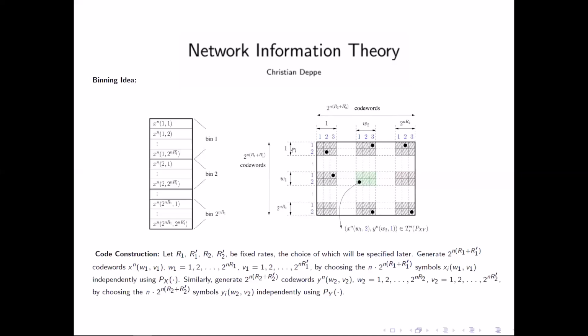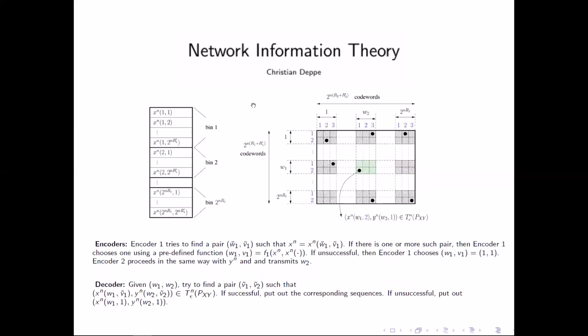What is now the idea of the encoding? Encoder 1 tries to find w1 tilde and v1 tilde such that the received sequence x^n, which was emitted by the source, is equal to x^n(w1, v1).